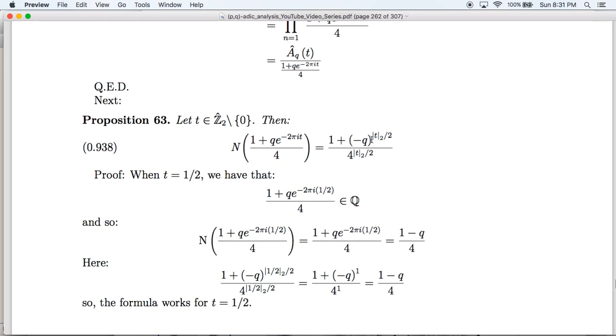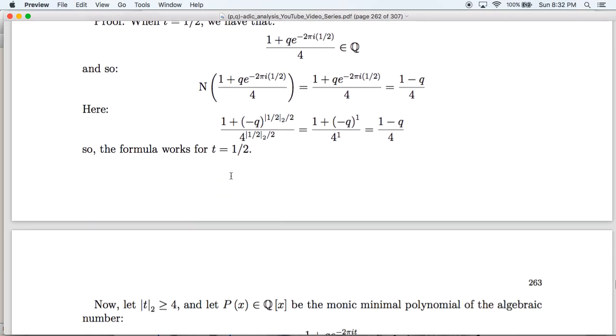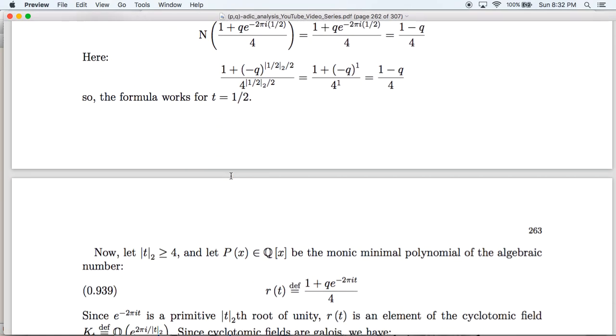On the other hand, with this formula, the q-adic absolute value of 1/2 is 2, so we get 2 over 2 and 2 over 2, which are 1, and so we get 1 minus q over 4, so the formula works when t is 1/2. So let t be an element of Z2 hat whose q-adic absolute value is greater than or equal to 4.